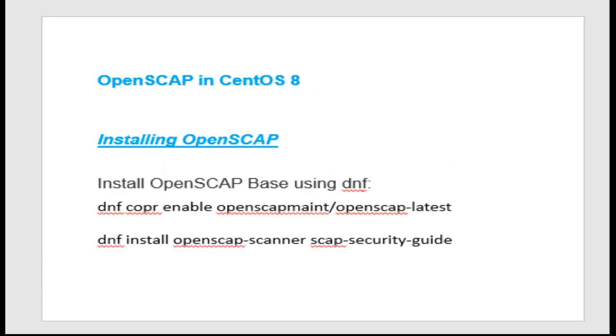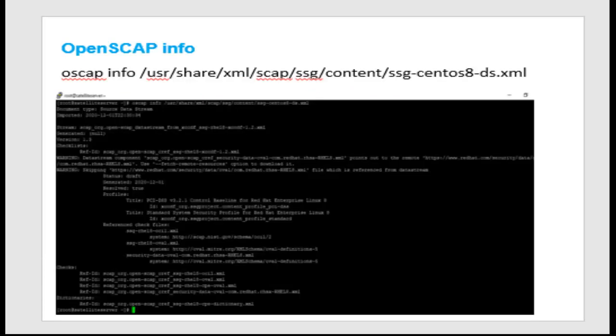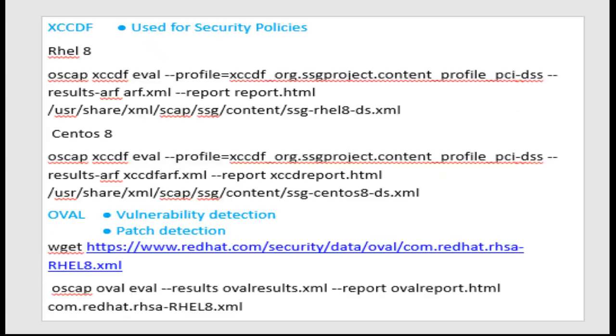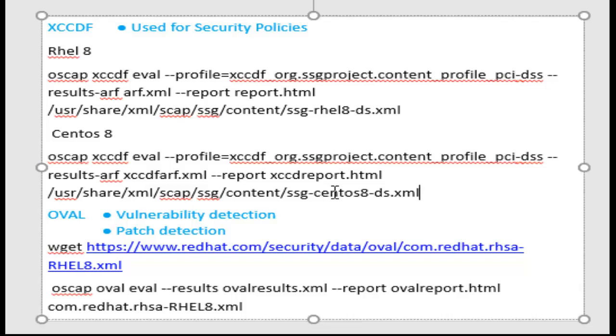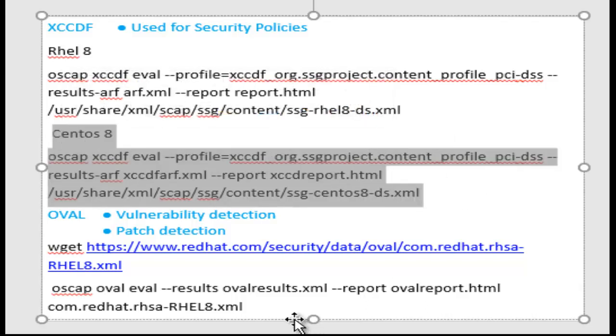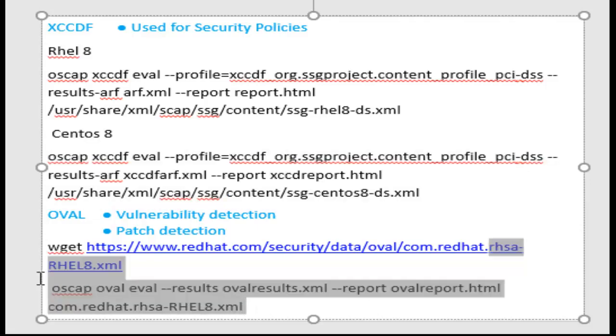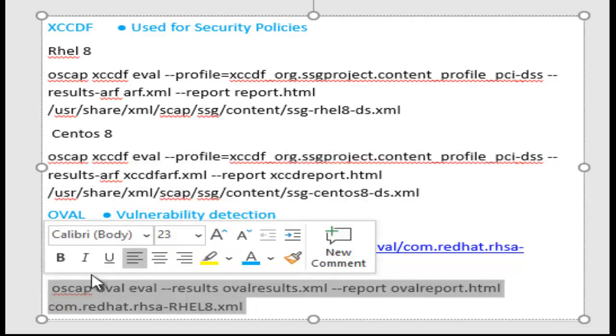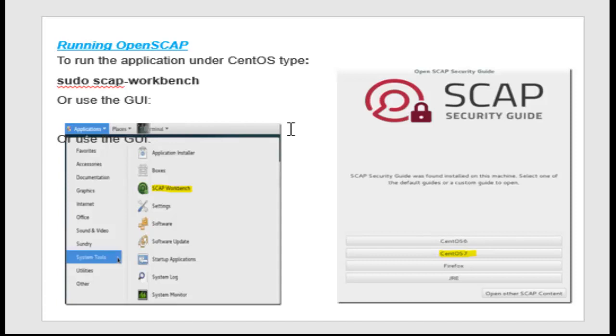below are the commands to install OpenSCAP on CentOS 8, and these commands are for information. OpenSCAP reporting: in this practical, we are using XCCDF and OVAL. These commands are for CentOS 8, and this command is for OVAL and how to run this benchmark in GUI mode.